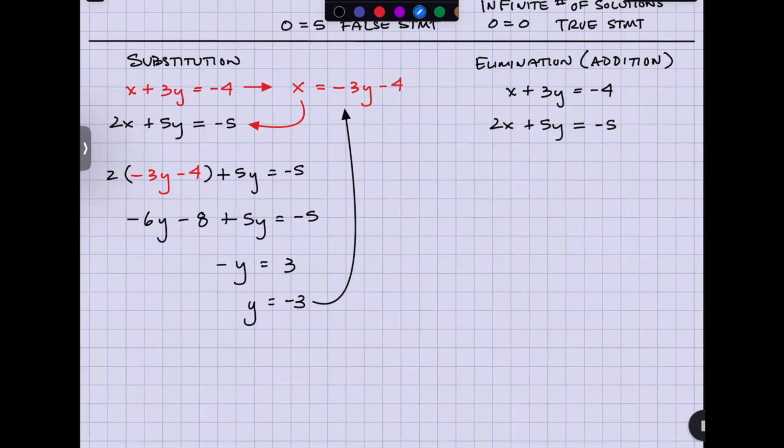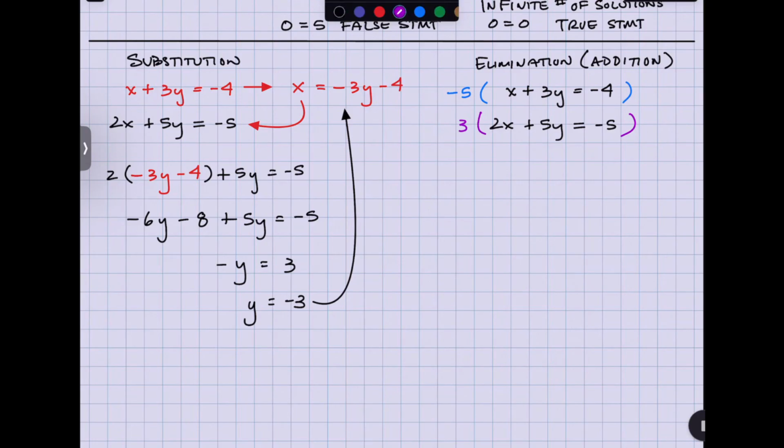So I'm going to go ahead and multiply the top by -5 and the bottom by +3. The reason why I chose that is because if I multiply this -5 by this 3, I get -15. While I multiply this 3 with this 5, I get +15. So -15y, +15y will eliminate the y. Okay?